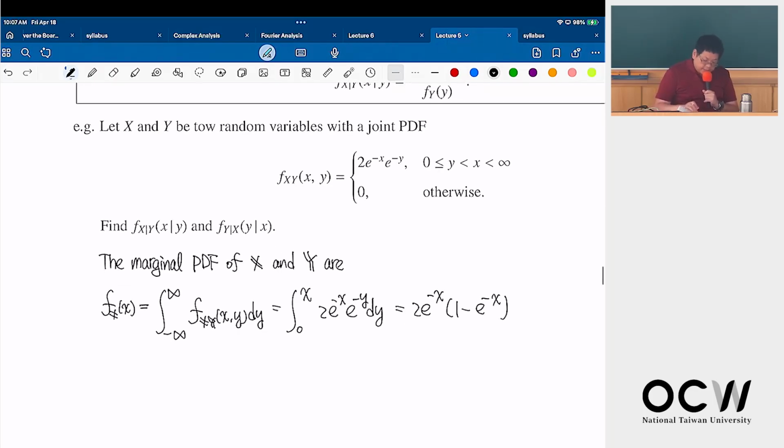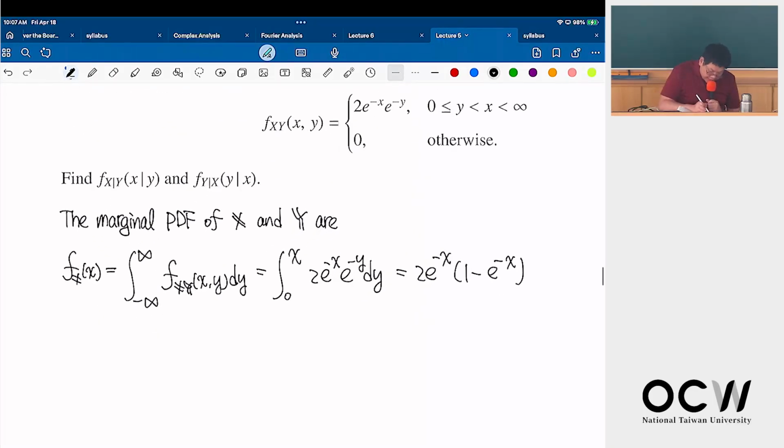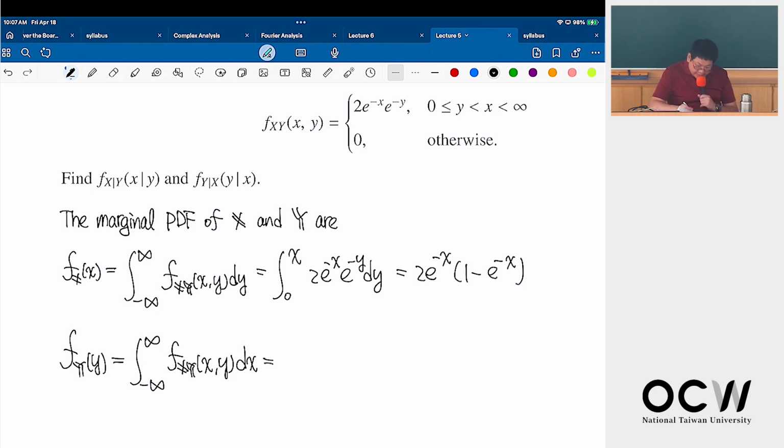And for the marginal PDF of y, I don't need x. So I will integrate the joint PDF with respect to x. For x, my range is from y to infinity.